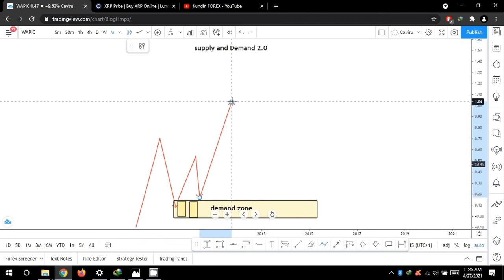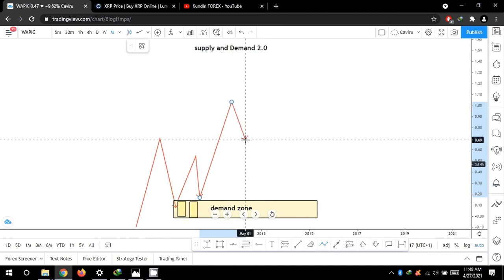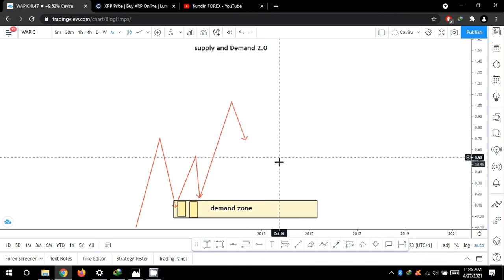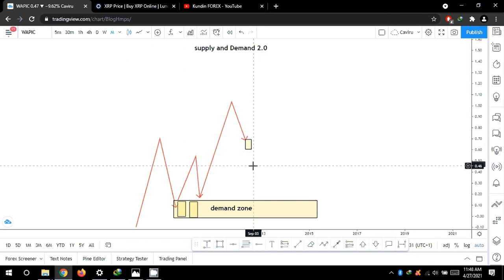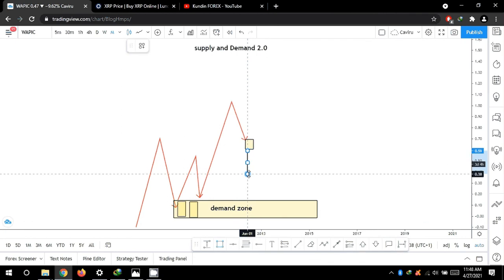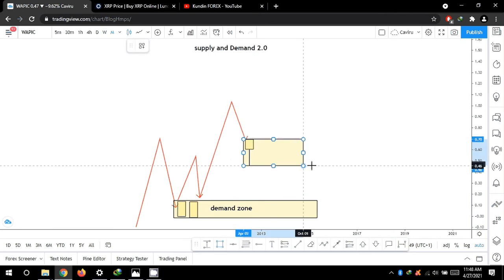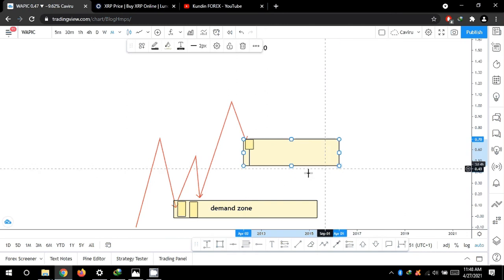Then it will come back to test this level, creating a new demand level. Let's use a pin bar this time. These are demand zones.